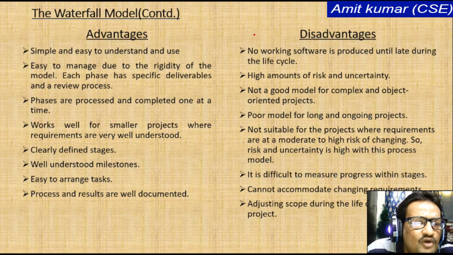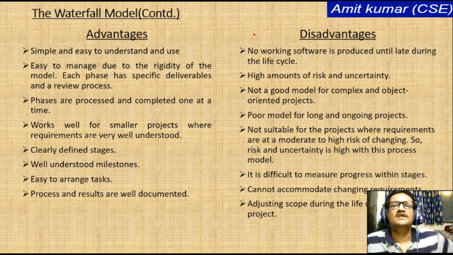The phases are processed and completed one at a time. It works well for smaller projects, not for complex ones. It is used for projects where the requirements are understood and the problem is very simple.